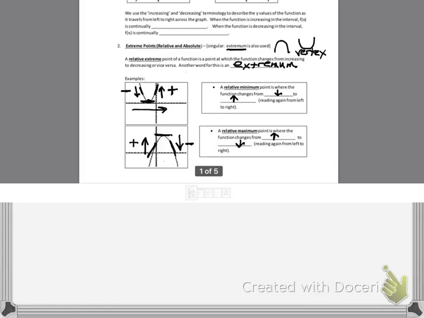In any event, you'll be able to identify relative maxes and relative mins in this regard. We're not talking about absolute yet. Absolute is going to be the highest value that the function can take on, whether it's an absolute minimum would be the lowest value the function can take on.